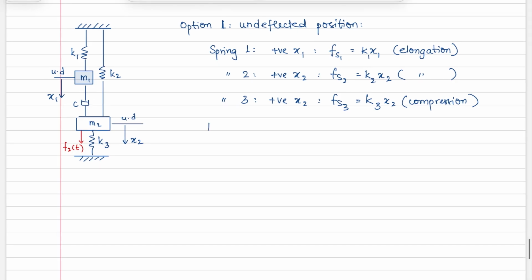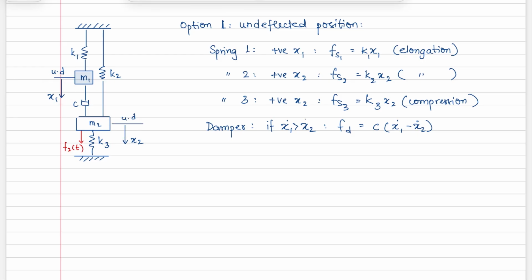What about the damper? Now this damper is between M1 and M2, which means that it's dependent on x1 and x2. So let's now say that if x1 dot is greater than x2 dot, you would have Fd is equal to C times x1 dot minus x2 dot. And it's basically saying that the velocity of this is more than the velocity of this.